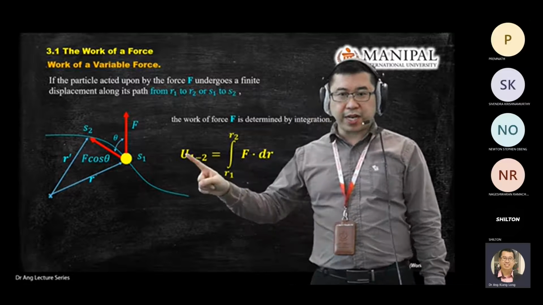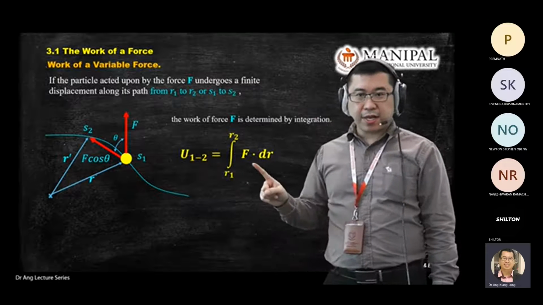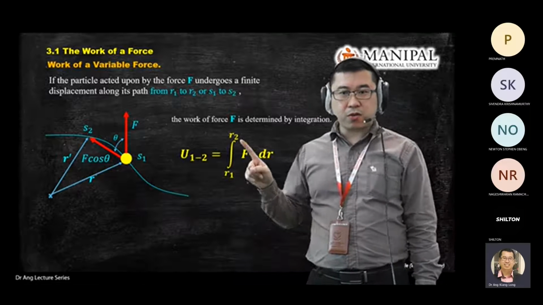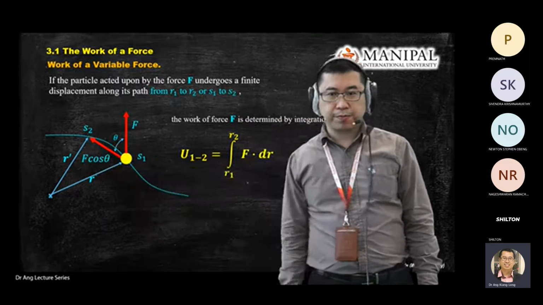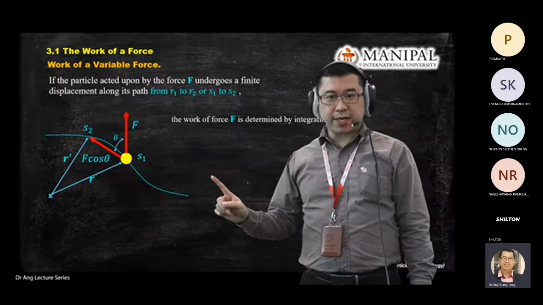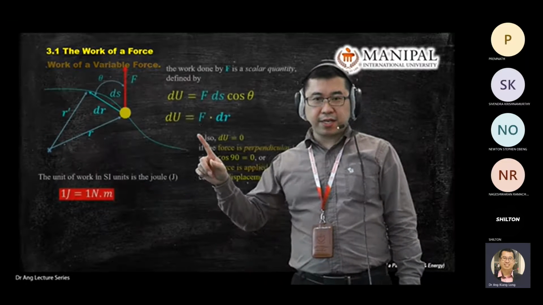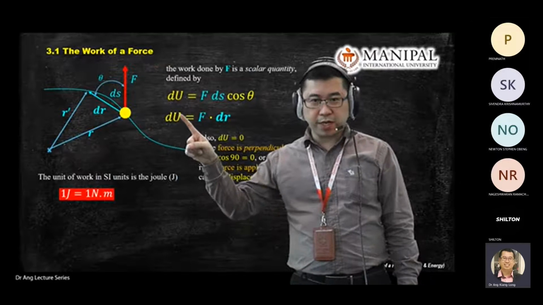You integrate f dr from r1 to r2. How do you get this? The previous one is dU, which means a small change of work.